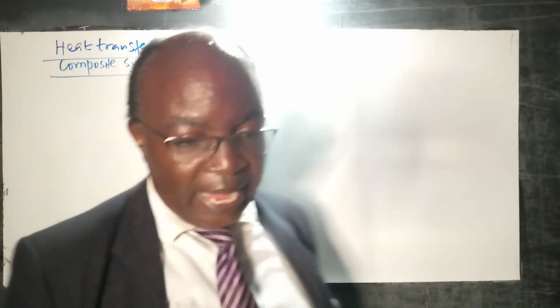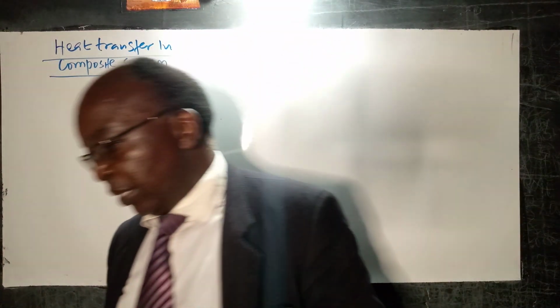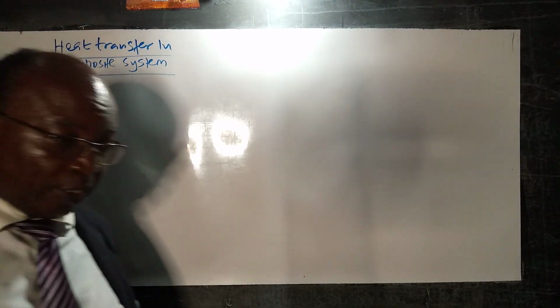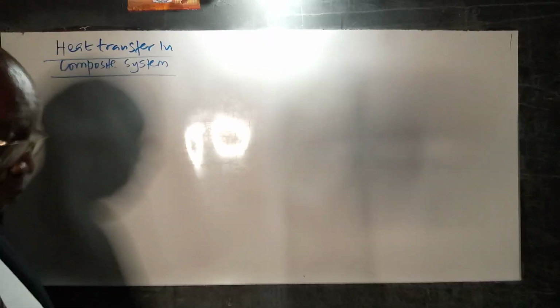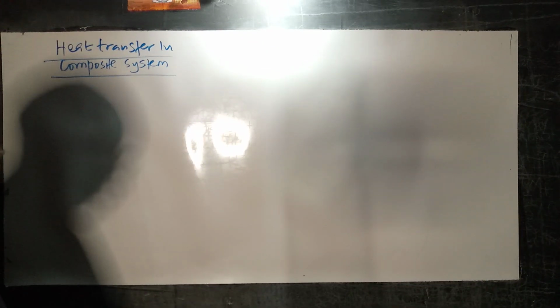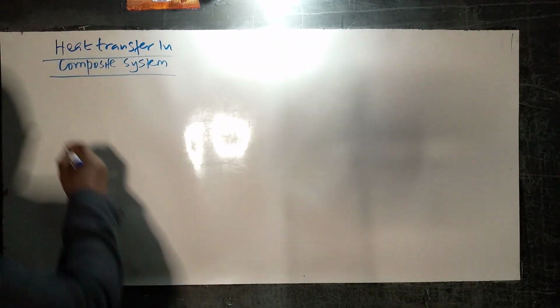Remember, those mediums are not the same. The wall is not the same in composition as whatever fluids you're talking about. So we have looked in the past at some of those heat transfers, and we are continuing with this particular case where we are dealing with a wall as a barrier between two fluids.